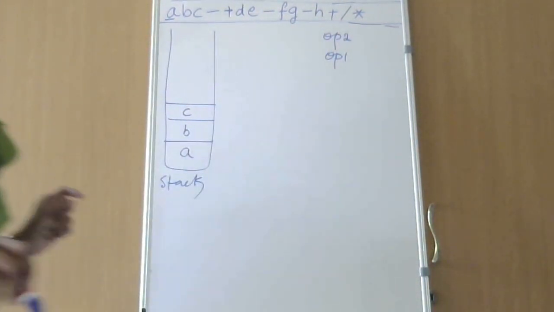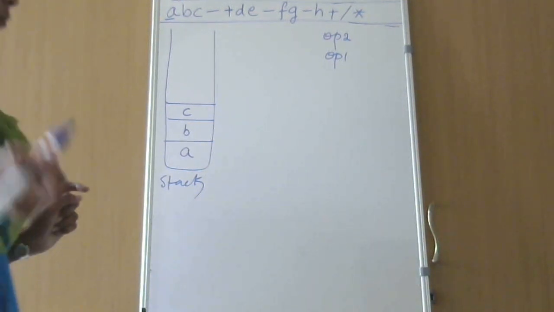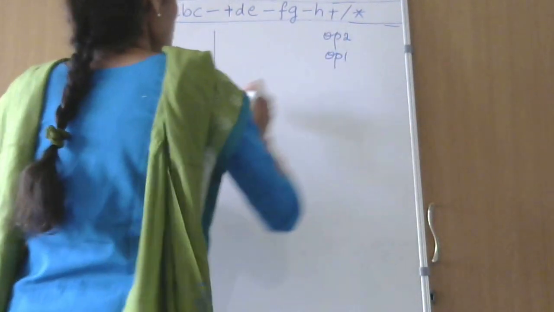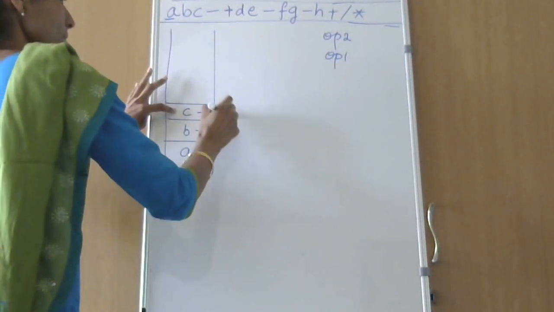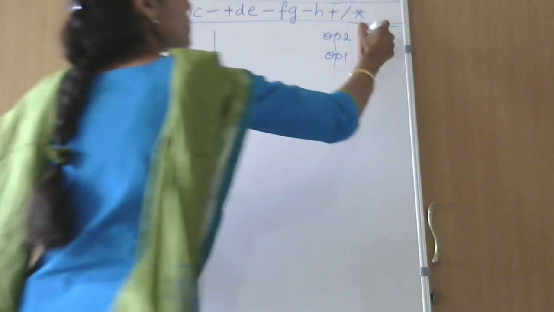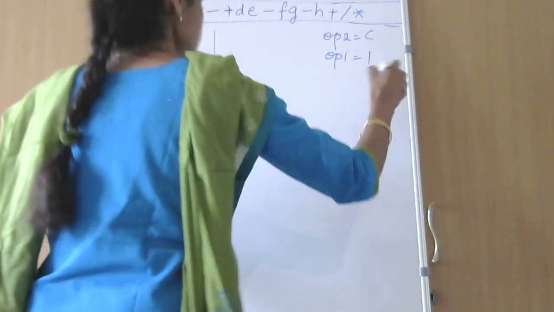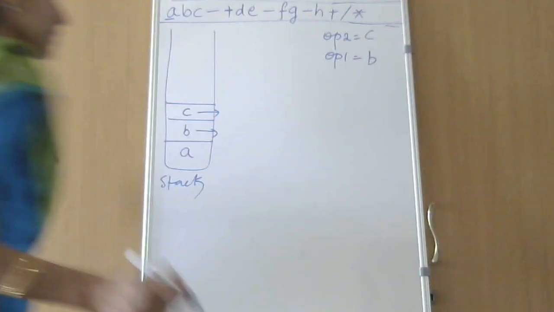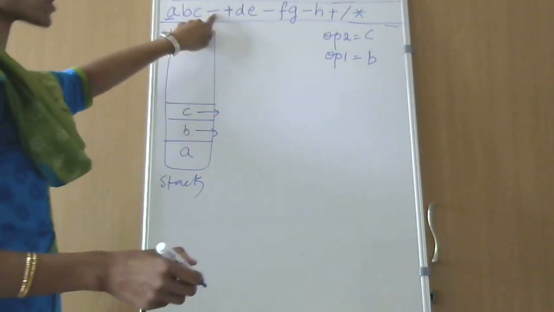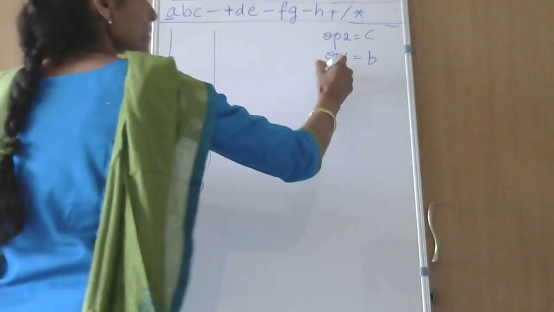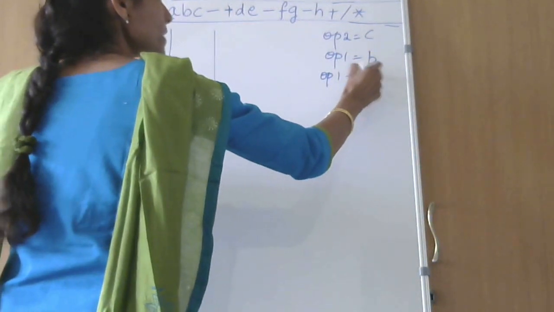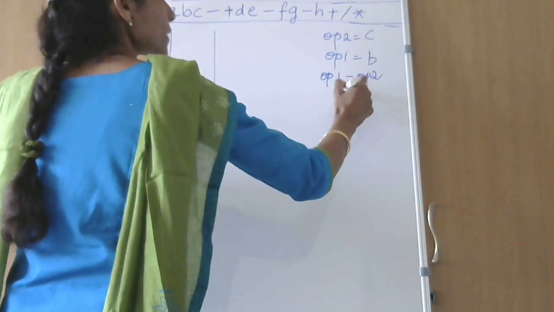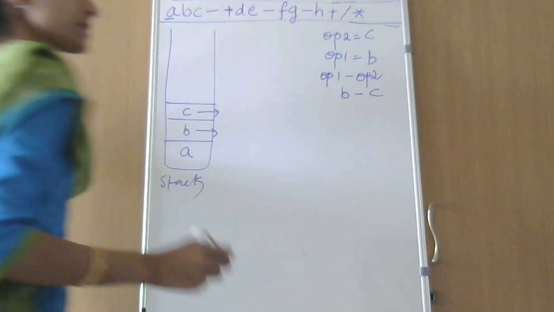These are my two variables wherein I am going to store whatever I pop out. So I will pop out C and B. OP2 is C, OP1 is B, and then I perform the operation. What's the operation that we have to perform? Minus, because we have the operator minus. OP1 minus OP2. That becomes B minus C.